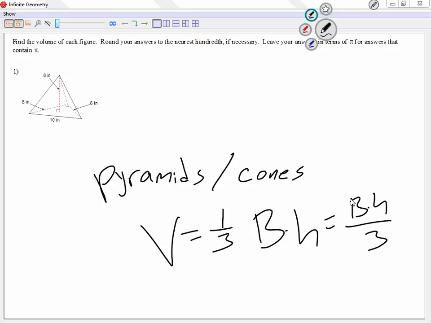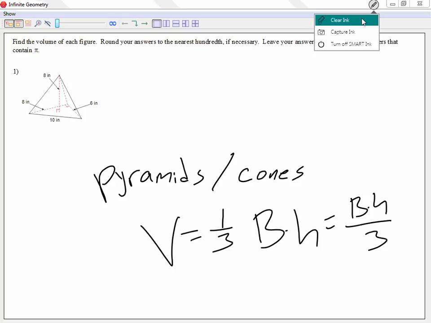So this is what I wanted you guys to add on your notes. The formula I'm going to use is one third times base and height. That's it.